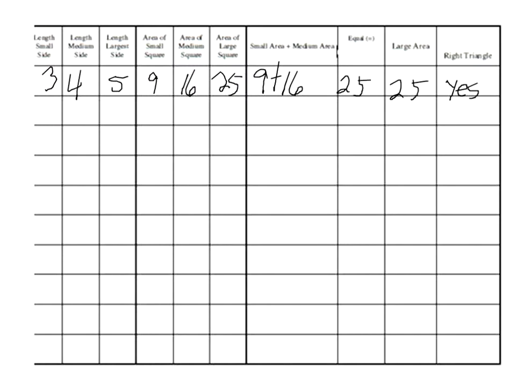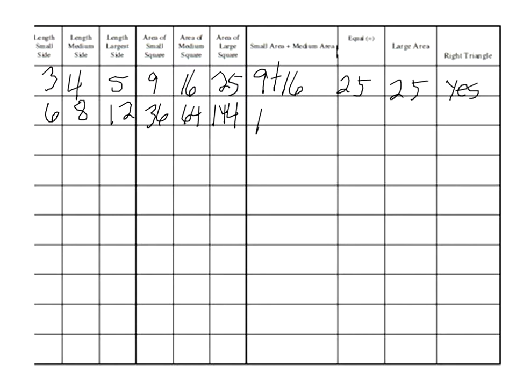Okay, and so like was mentioned earlier, we found out that if the small area, or the side squared, plus the other side squared, made the long side squared, then you did get a right triangle. And some of you I know tried something like this, maybe 6, 8, and I think one of them was 12, and you found out if I squared that I get 36, 64, and 144.